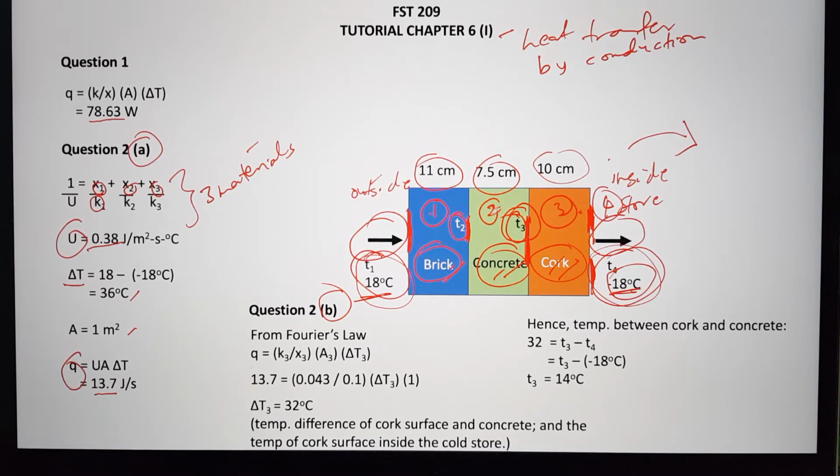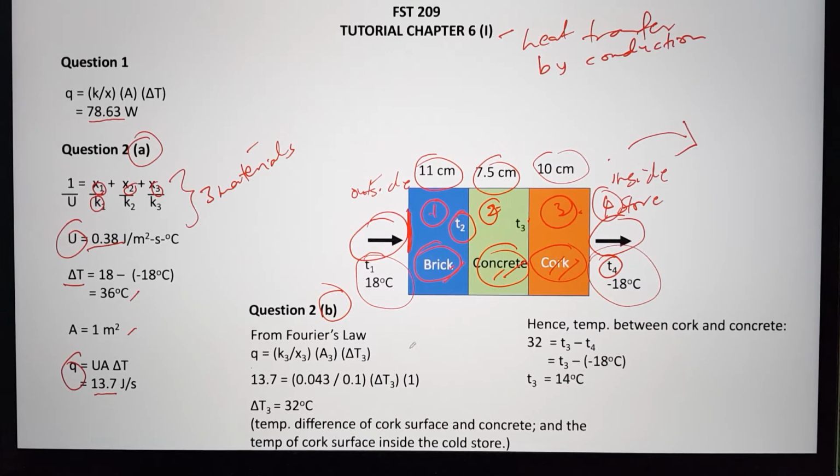If you take the temperature difference between T2 and T3, there is no single value for the temperature, whereas for T3 and T4 we have at least one reference temperature, T4.